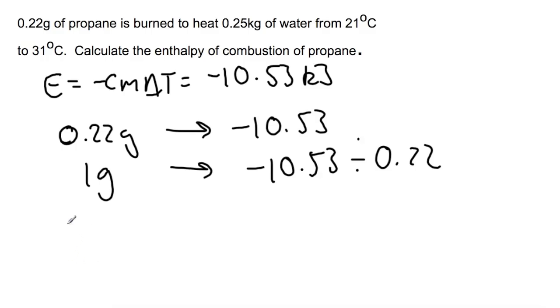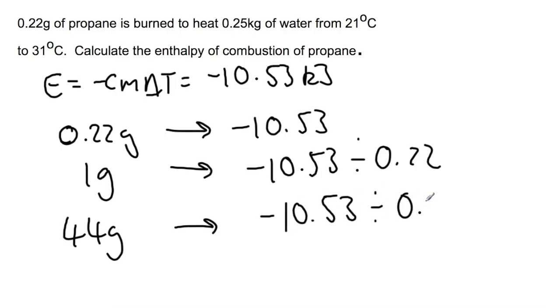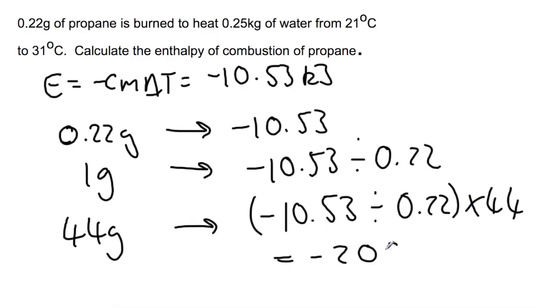And then multiply by the gram formula mass of propane, which is 44, to scale back up again. So minus 10.53 divided by 0.22, then all multiplied by 44 to give you minus 2090 kilojoules per mole.